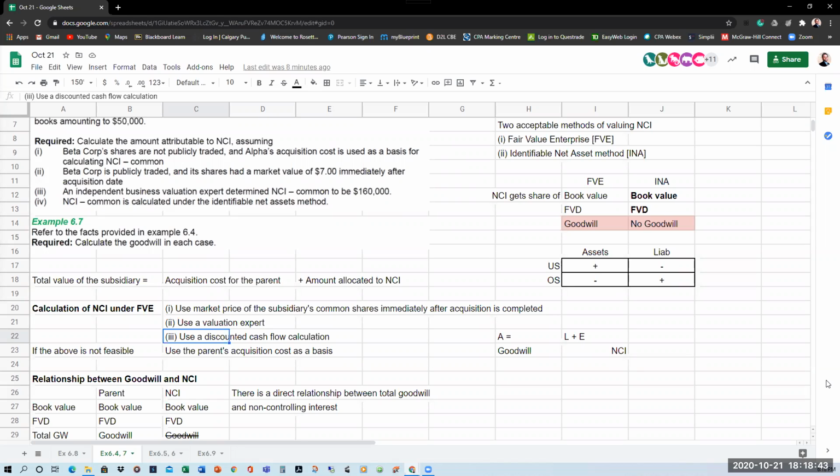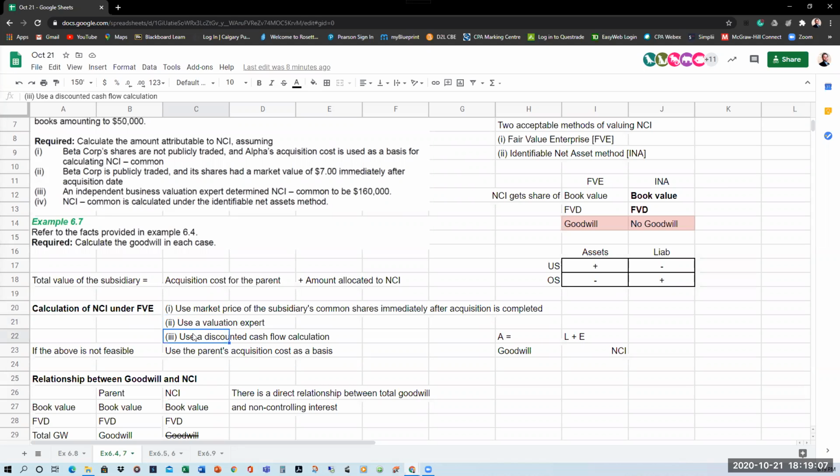And those estimates, even if they are made in good faith, are susceptible to errors of estimation. So, in terms of reliability, whereas the market price can be said to be an objective, more reliable indicator, bringing in an expert or using discounted cash flows are less reliable.